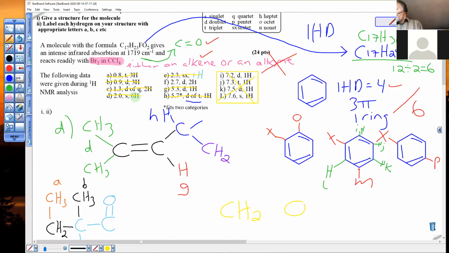And an O. Yellow doesn't show up very well. Okay, well, we've got a CH2 on the page already. Somehow we have to make that work for F.